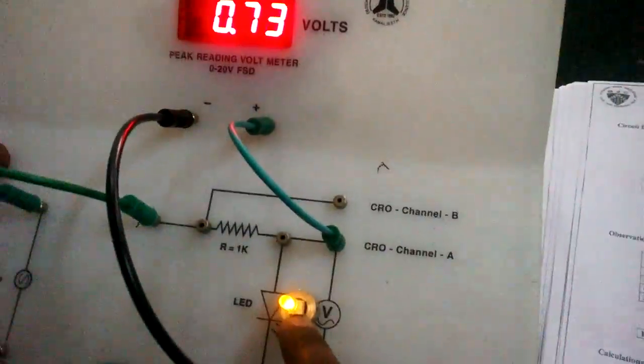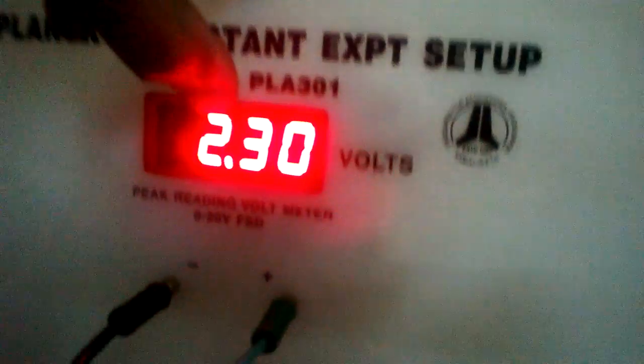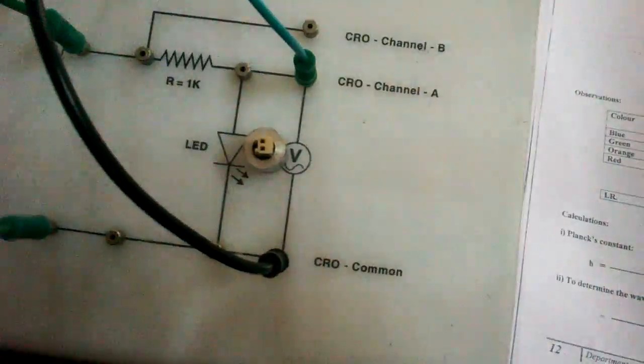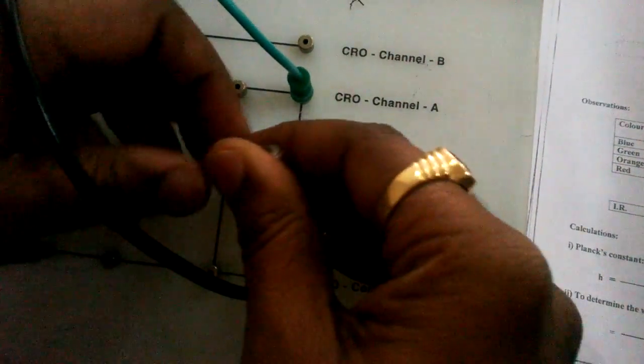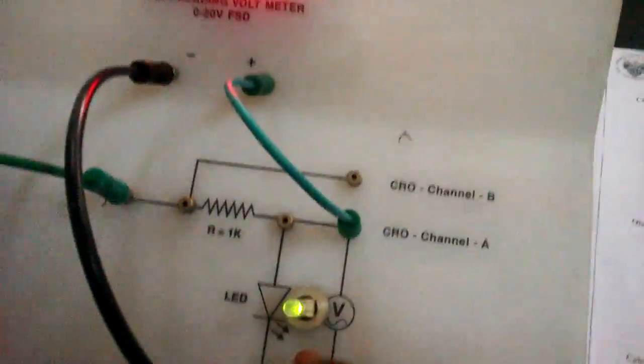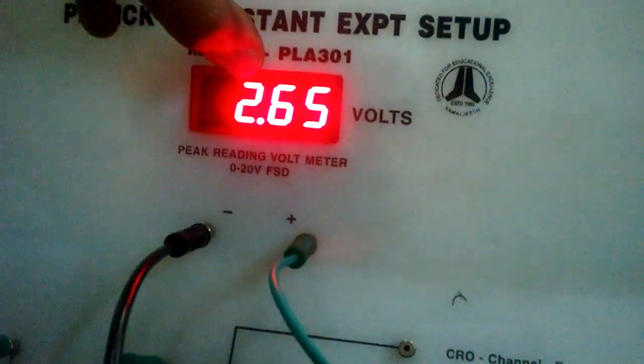And this is orange, and this is the knee voltage for orange, and we have to note it down. Then switch it off, plug out and plug in another bulb. This is green, and you see the knee voltage of the green LED.